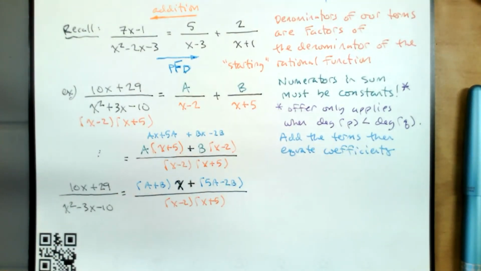That fraction is still equal to the rational function we started with. If these two fractions are going to be equal, then the coefficients of x must be the same and the constant term must be the same.